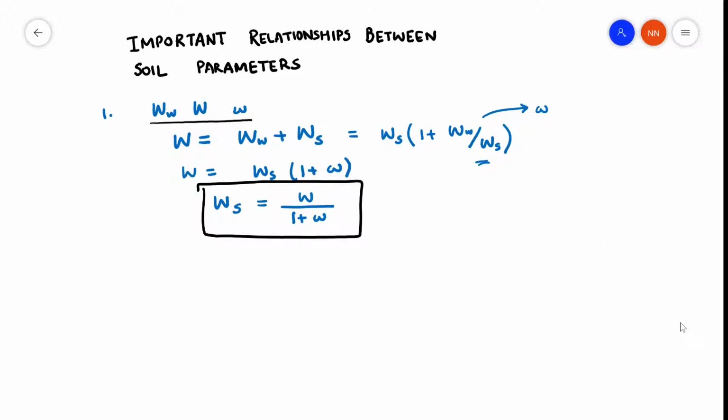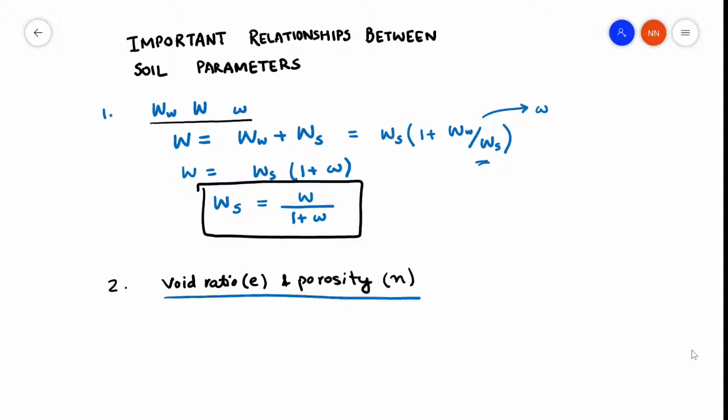This is an important relationship. The second important relationship which we'll be looking at is the relationship between the void ratio E and porosity N. Both quantities are used to describe the relationship between the void space and the solid space or total volume. So let's see how we can derive a relationship here. So we know that the void ratio E equals VV over VS, volume of voids over volume of solids, and porosity N is equal to the volume of voids over total volume.